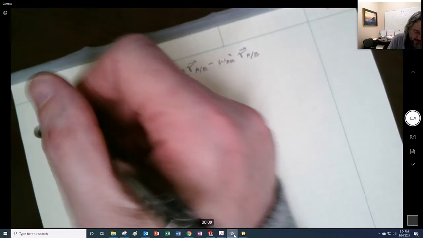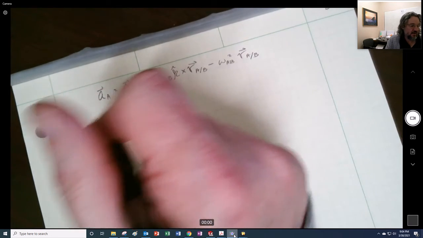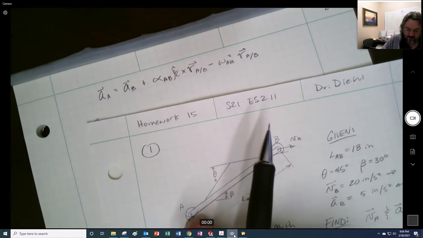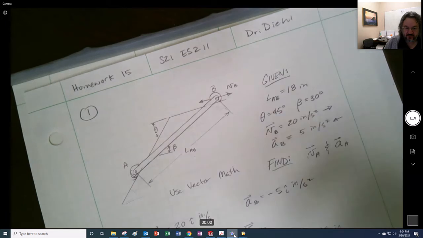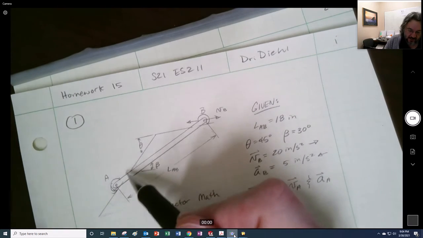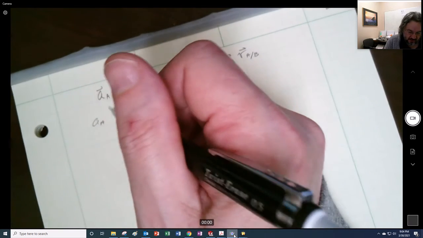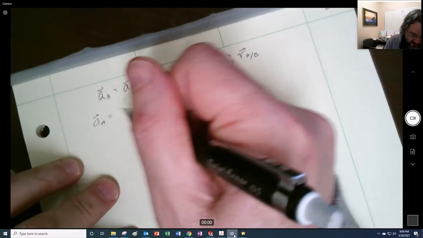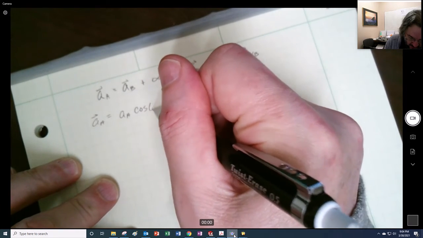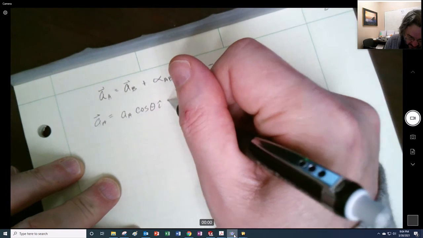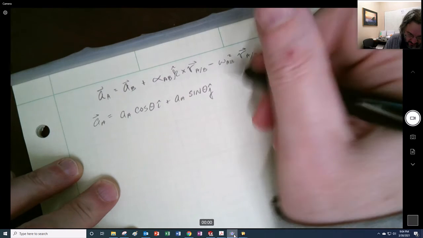And we note that the acceleration of A, we're going to select that it's coming upwards, this right here. I think I'm going to go positive, and then we'll just see what happens. So it's going to be in line with this theta right there. So we're going to say acceleration of A is going to be the acceleration of A times the cosine of theta i plus acceleration of A sine of theta j.